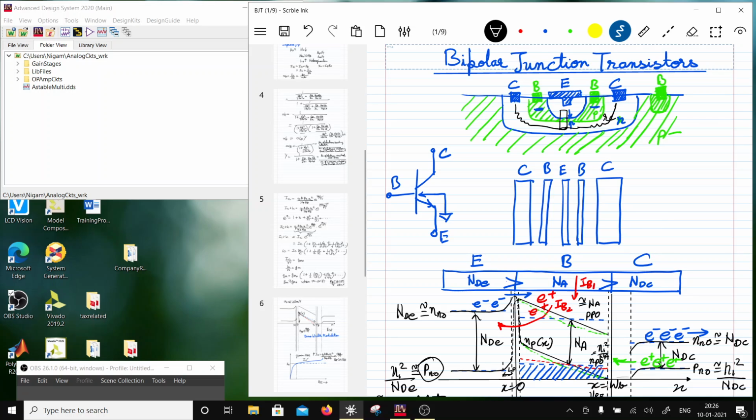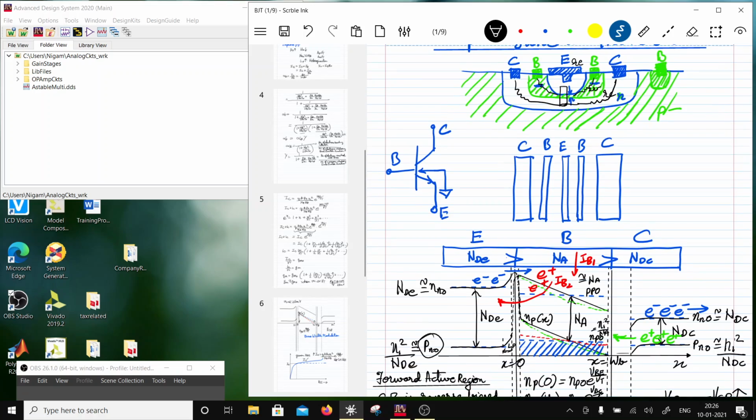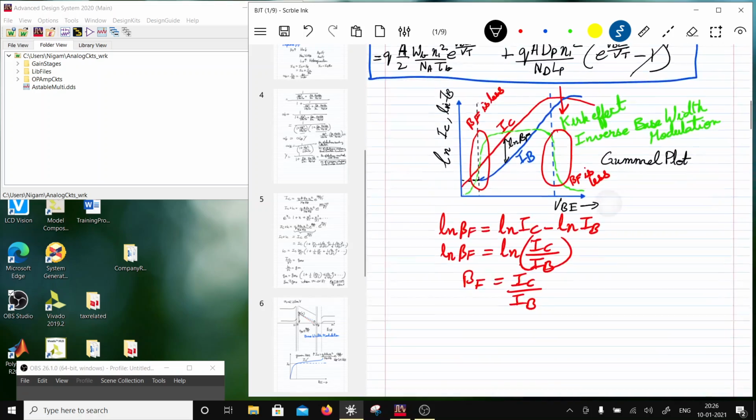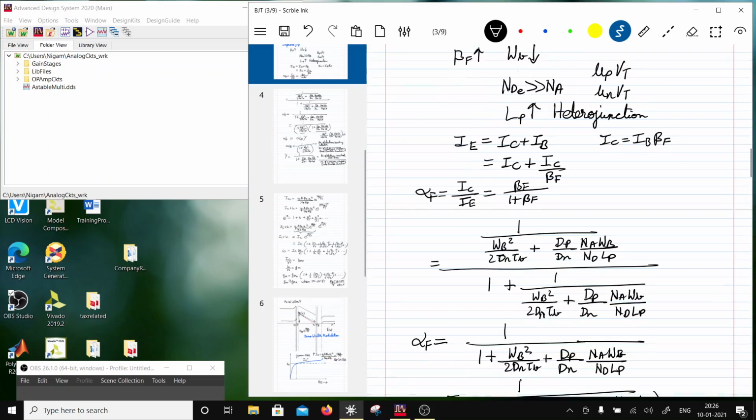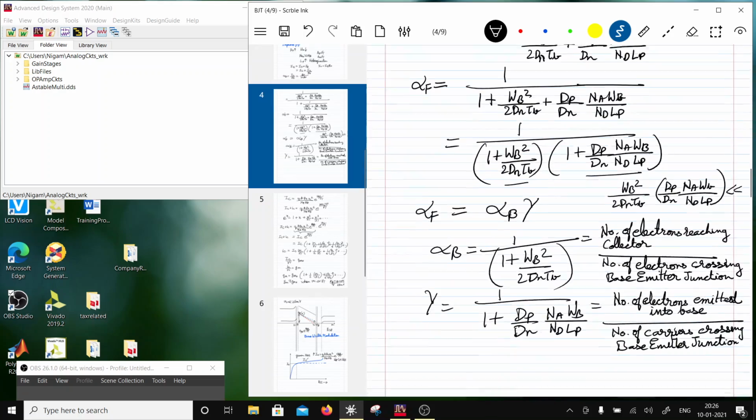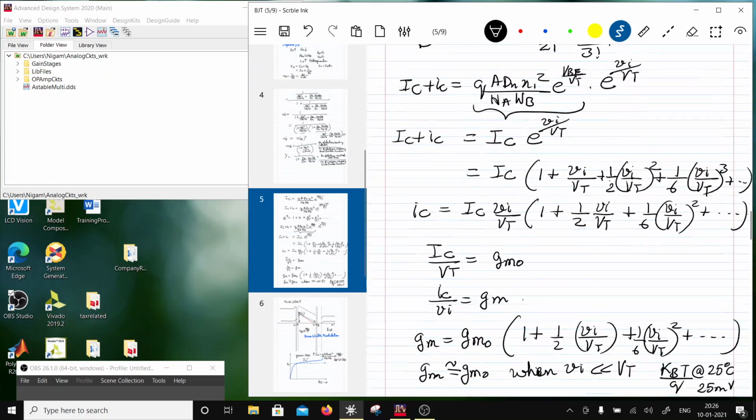Then you are also going to have a resistance RE, which is going to be very small, but then you are also going to have this extrinsic resistor RB, right? And then you are going to have CJE between B and E. Okay, between B and E there is going to be a junction capacitance. That is a diffusion capacitance, not a depletion capacitance, because it is forward biased, right?